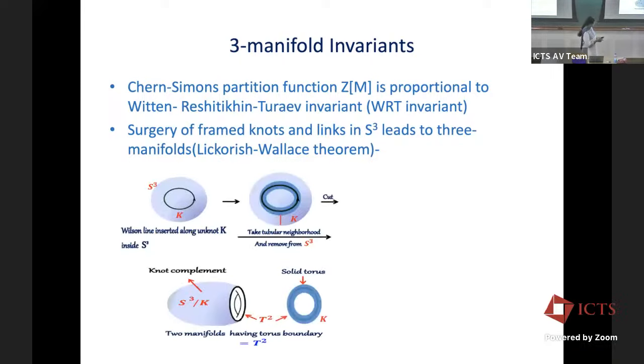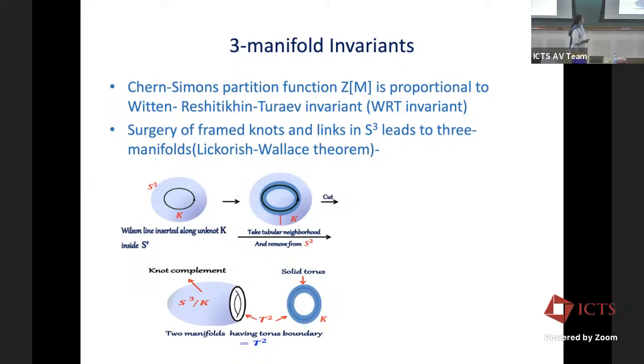Diagrammatically, let me give you a picture. You take S3, you take some knot here, you thicken the knot, which is called a tubular neighborhood of the knot, and remove it. When you remove it, it is like a solid torus with a boundary which is T2. The complement of this is also a solid torus with a boundary which is oppositely oriented to this T2, right?